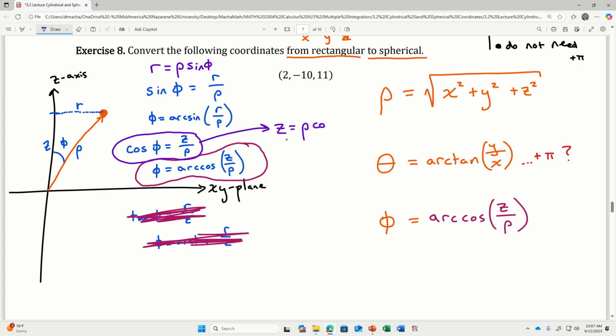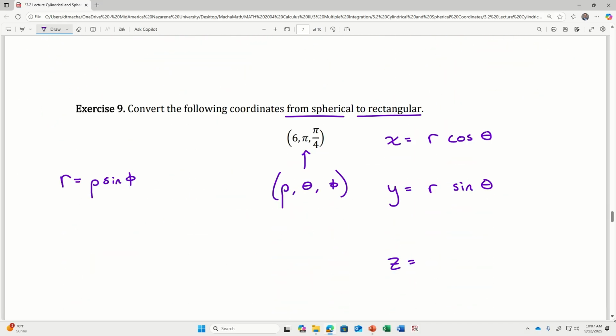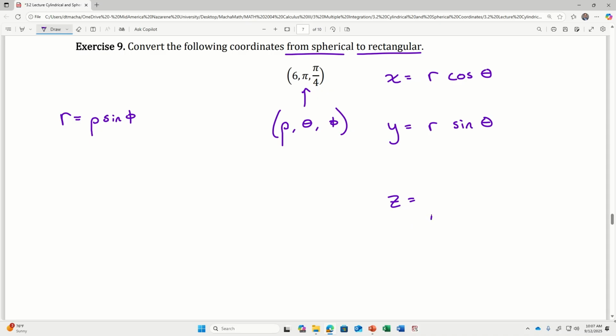Rho times cosine of phi. So z is equal to rho cosine of phi. Cool. That's how I convert from spherical to rectangular coordinates: I first calculate r and then I use these formulas.